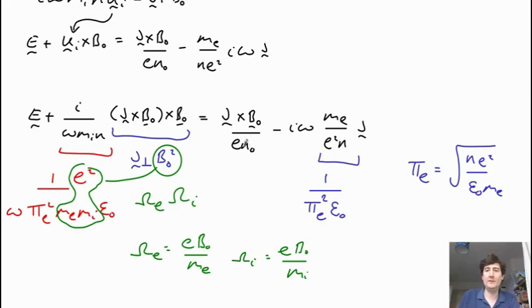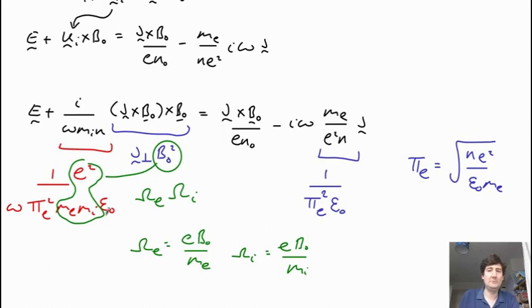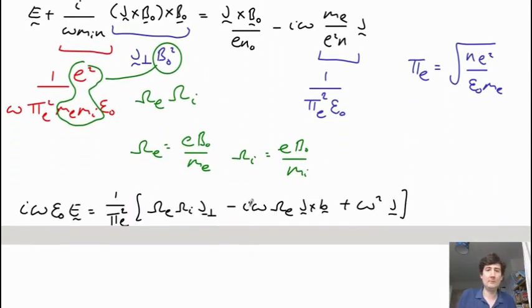Again, the same thing here, that density will turn into a pi e squared, and so I'm going to write this out. The first term here, with omega e omega i, has come from this j cross b term. This second term has come from this whole term here, where this little b is just the unit vector, because you use the magnitude of b to turn into an electron cyclotron frequency.